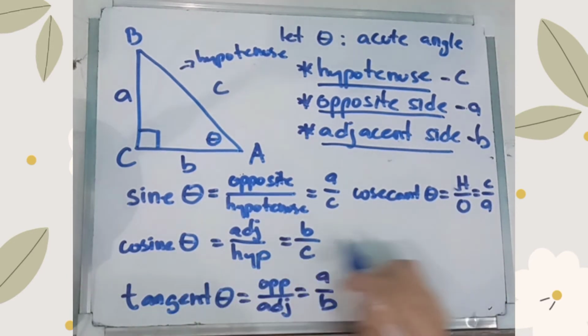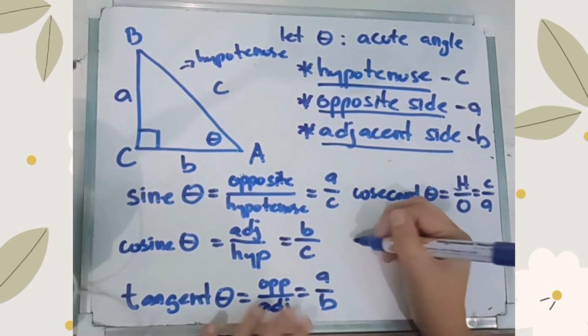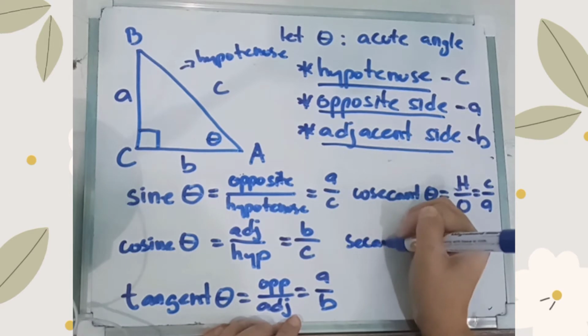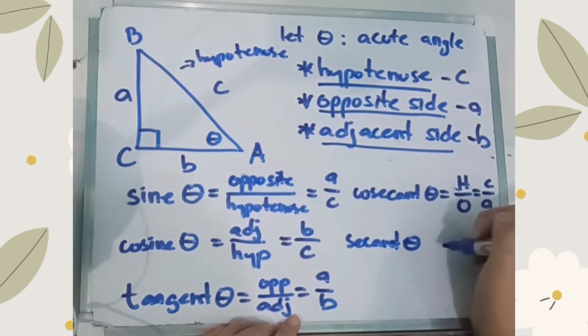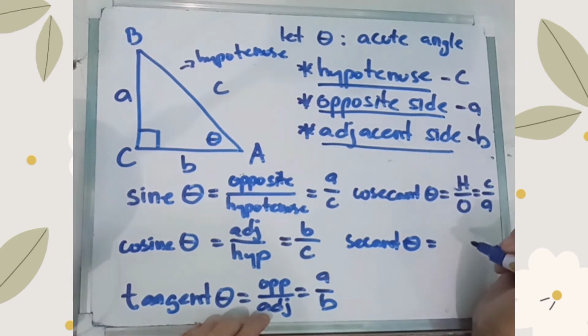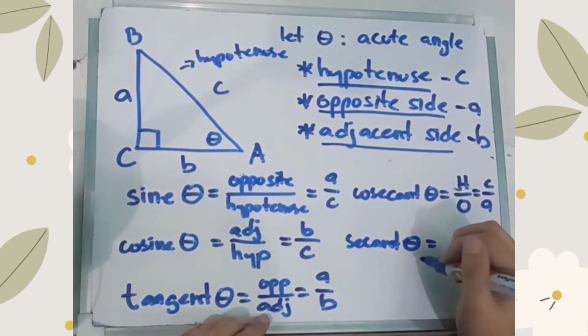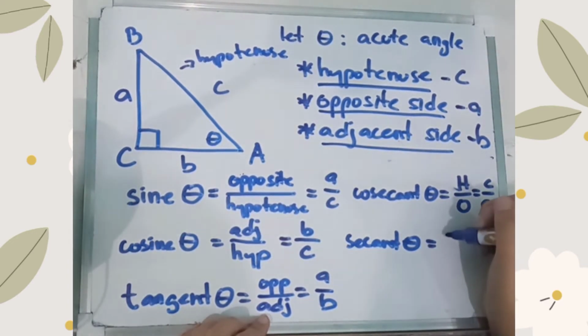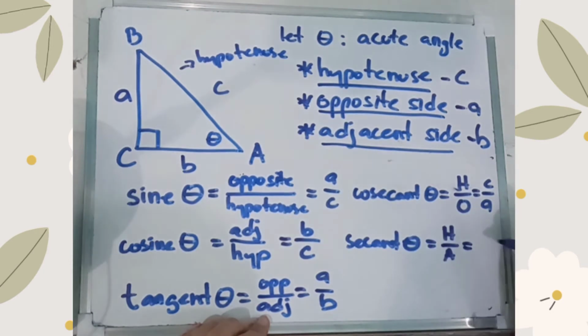Now for the reciprocal of cosine theta, we have secant theta. Since cosine theta is adjacent over hypotenuse, the reciprocal, secant theta, is hypotenuse over adjacent, and in terms of sides, it's c over b.